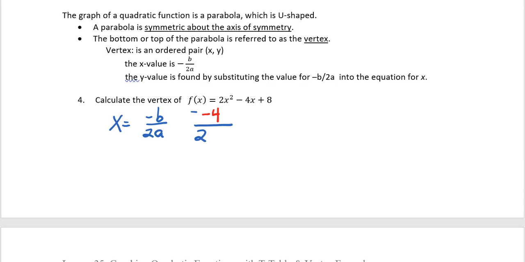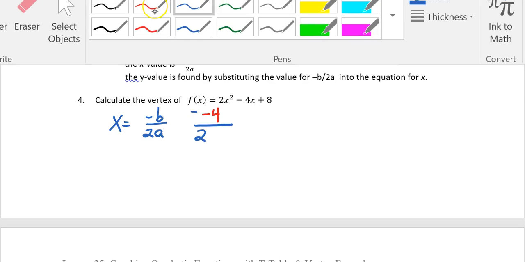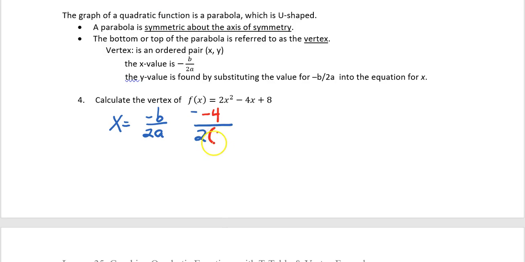And what was our a value? Yeah, it's positive 2. In the very end, all of this will equal 1. And the 2 negatives on top make a positive 4. The multiplication of the 2's in the bottom gives us positive 4. And the result is positive 1.